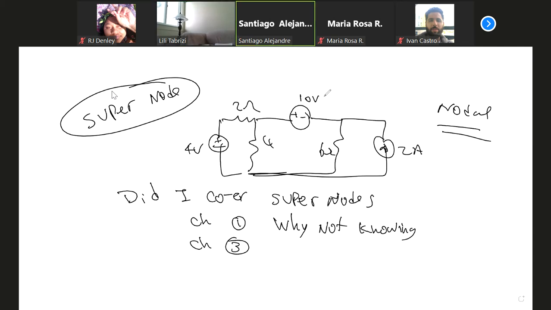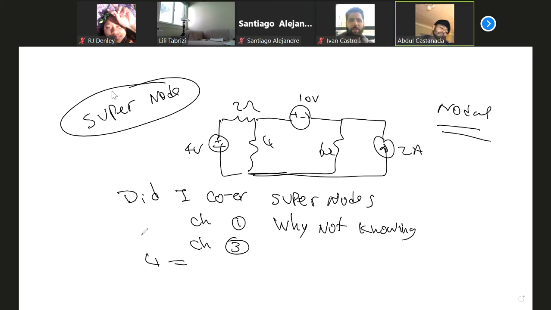Would be 4... What do I do in nodal? 4 equals to what? 4ix plus 10... what are you talking about? Ix. Is this nodal? I'm talking about the nodal method. What's the preparation for nodal? The ground. Amador, are you here?